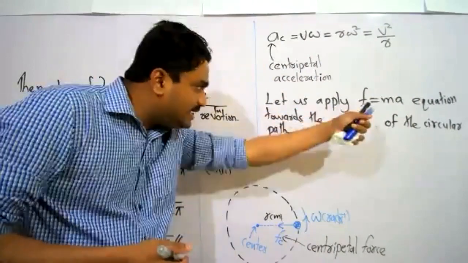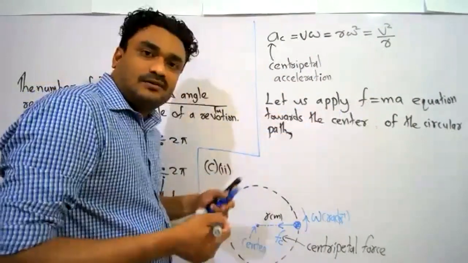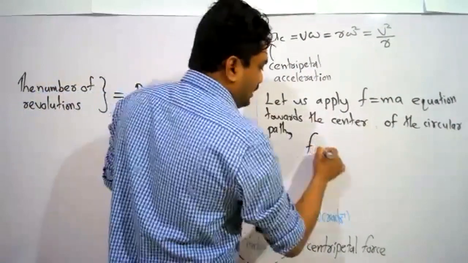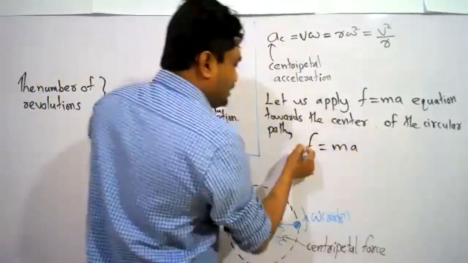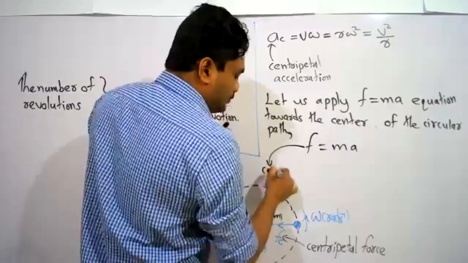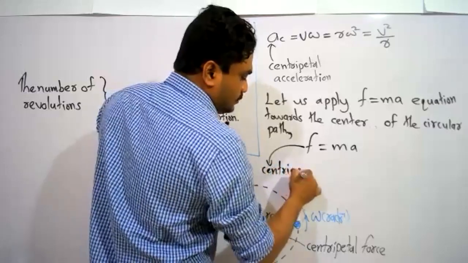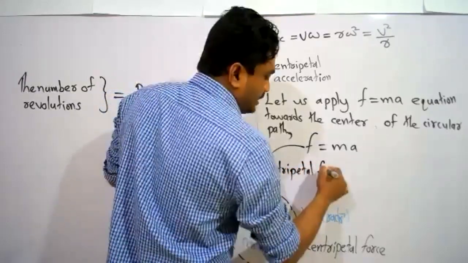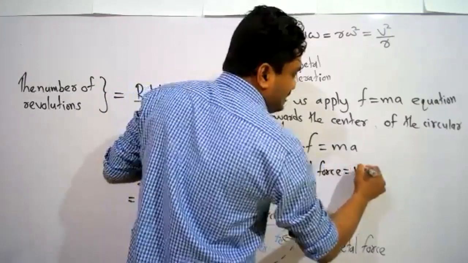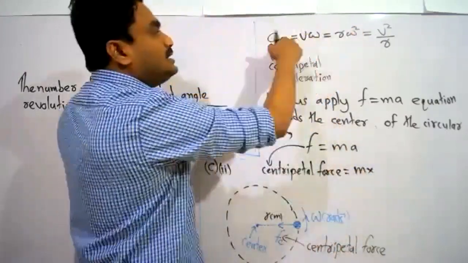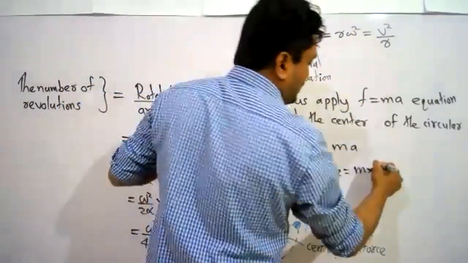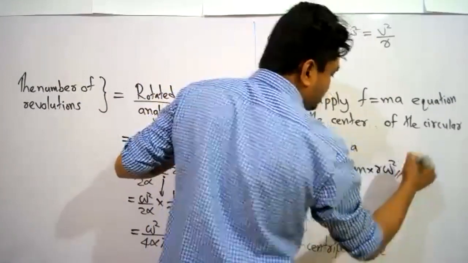So F equals MA. F is the centripetal force, mass is M, and the centripetal acceleration is R omega square. So this is the answer.